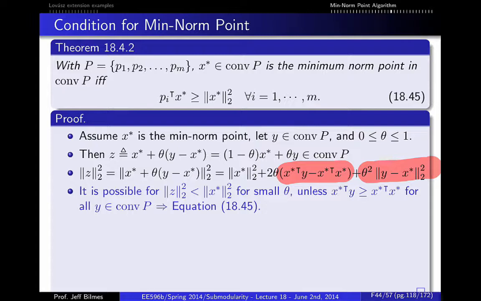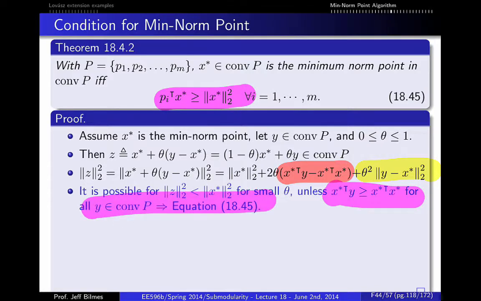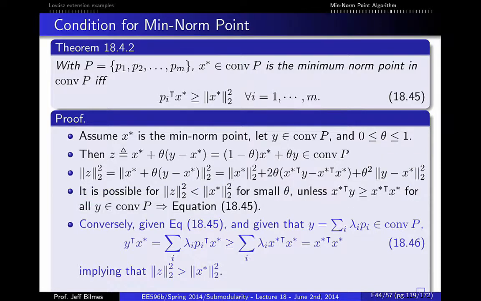So eventually, it's possible to make the red term negative and smaller in absolute value than the yellow term. Unless it's the case that we absolutely have this, which is, as you can see, the same condition here. That's equation 18.45.